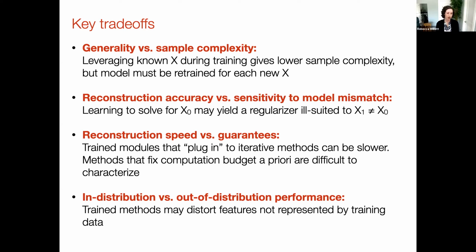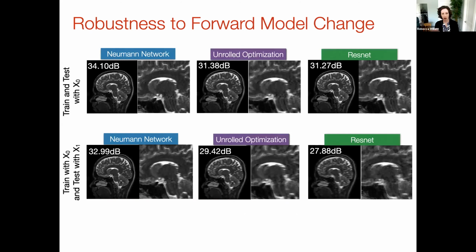Another key trade-off is between the reconstruction accuracy and sensitivity to model mismatch. So actually, I'm just going to skip ahead for a second here and show you a picture to illustrate this trade-off. So in the top row, we're seeing images, both the full image and a zoomed-in version of MRI reconstruction, where we trained with a forward model X0 and tested with a forward model X0.